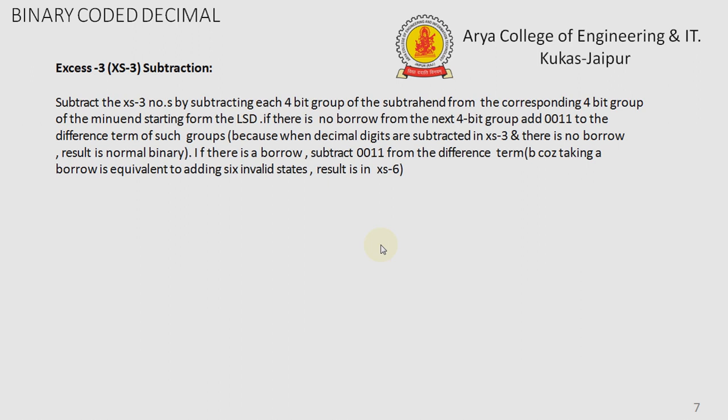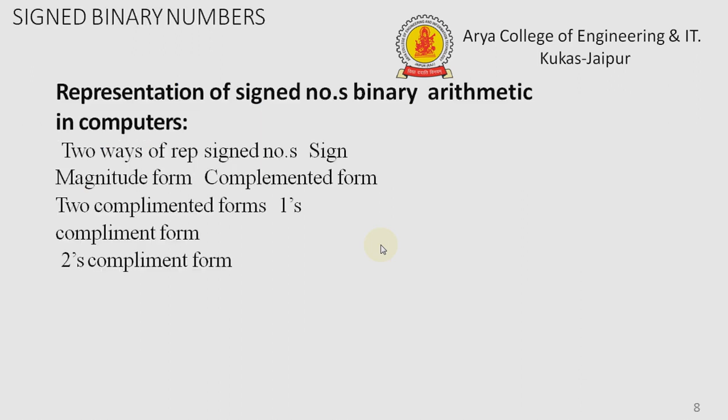If there is a borrow, subtract 0011 from the difference term, because taking a borrow is equivalent to adding 6 invalid states, and the result is in excess 3. So when there is a borrow, subtract 0011, and when there is no borrow, add 0011 in excess 3 subtraction. Now, representation of signed numbers in binary arithmetic in computers.